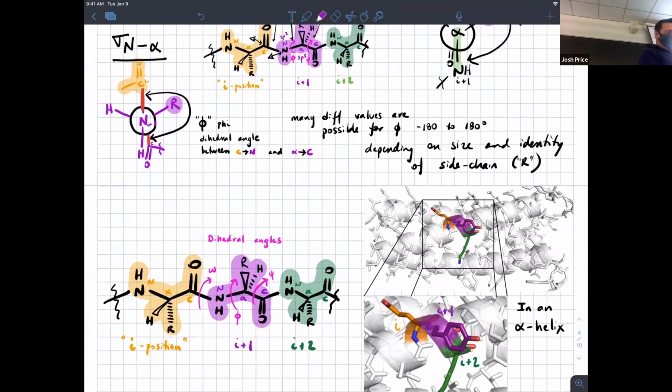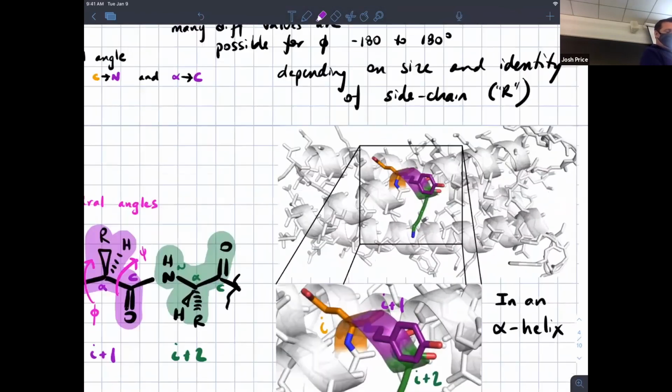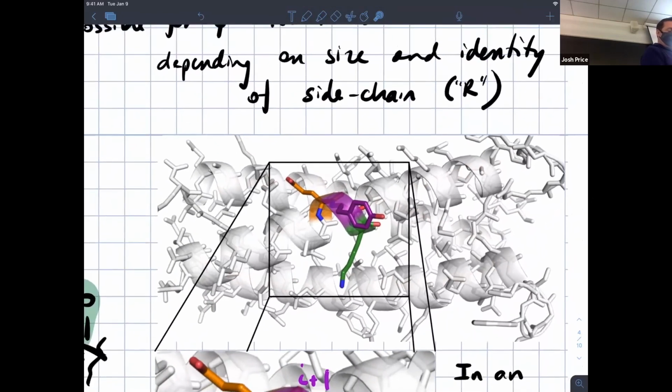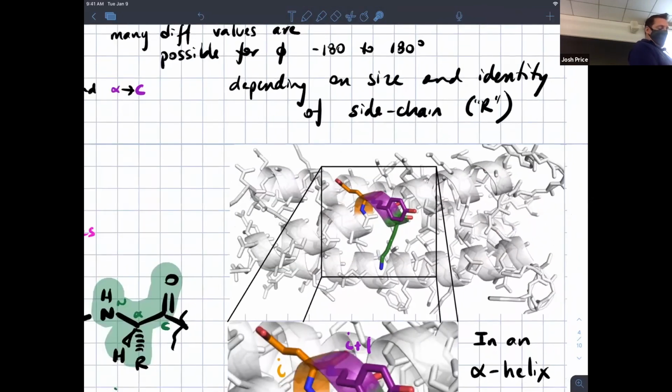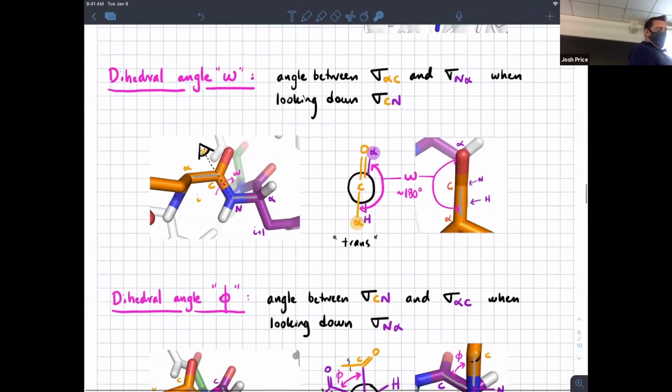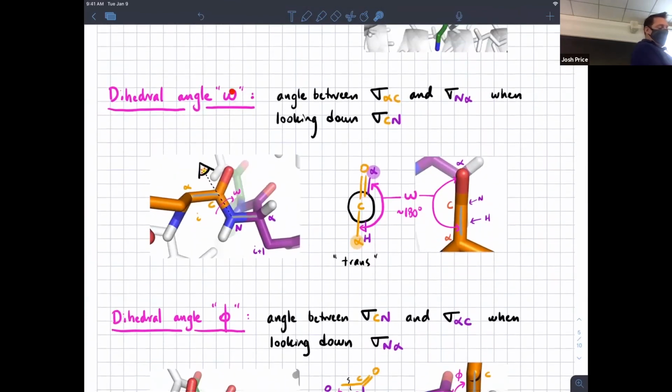No, just kidding. If you look at an alpha helix, I've taken 3 amino acids out of this coiled coil helix bundle where you have 3 alpha helices packing against each other. If we zoom in and measure the dihedral angles of amino acids in this helix, what we will find is that in a helix, most of the omega angles looking down the carbonyl carbon to amide nitrogen bond are 180.